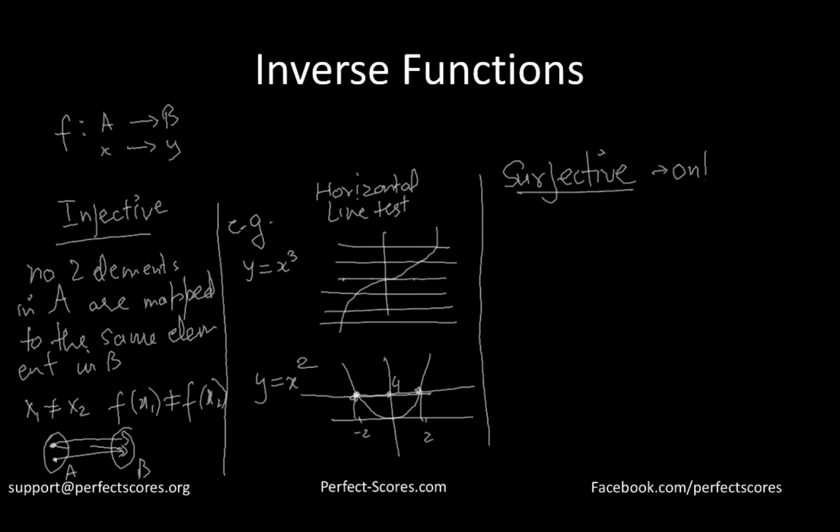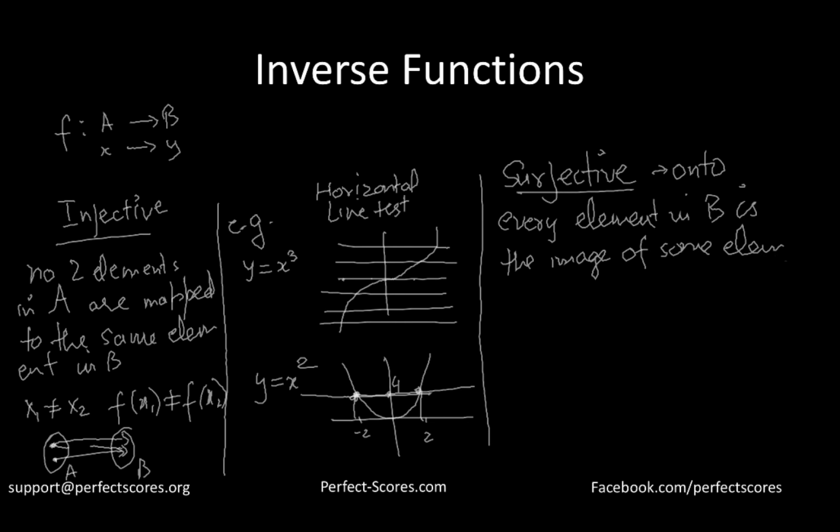A surjective function is a function in which every element in B is the image of some element in A. I mean to say that if you have B here and A here, every element here is covered. It has some image in A.